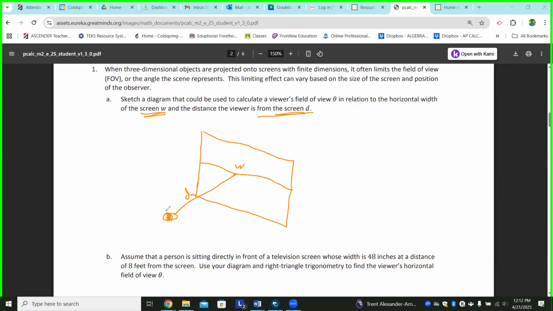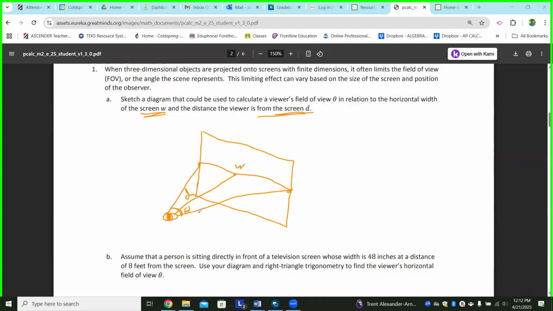And then you also, so that's the center, but your field of view ranges from how wide the screen is. So you're seeing everything from left to right at every point of view. Your vision just might be different. This angle right here, depending on how close or how far you are, that will be our theta.